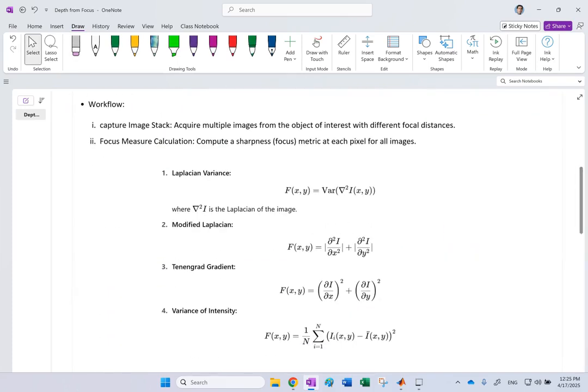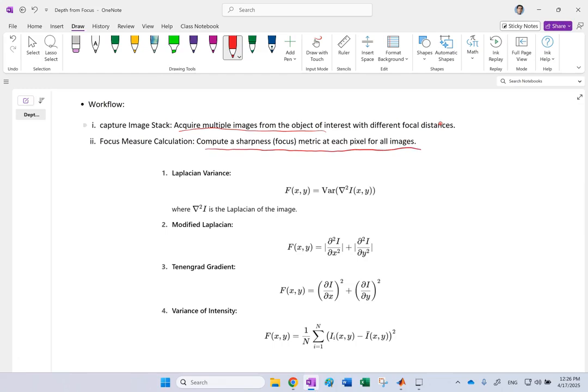So how would you do that? You try to change the focal length and get a bunch of images from the object. Now, for each one of these images, you calculate a sharpness measure. And then you want to find the one that is the sharpest, the most clear edges, the best edges that you can have. And there are different measures for sharpness.